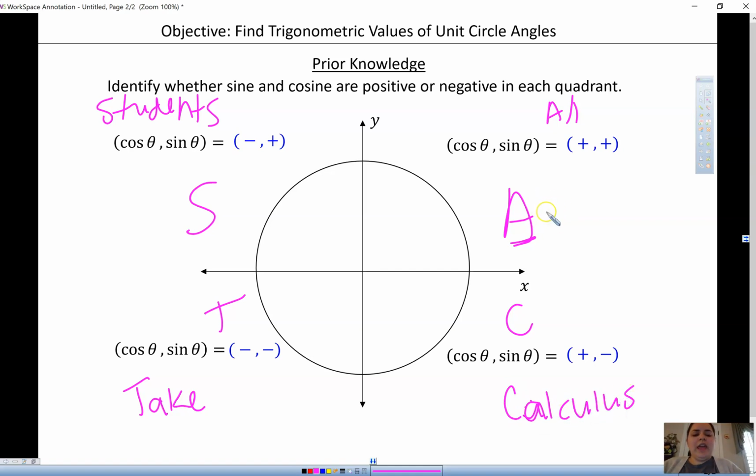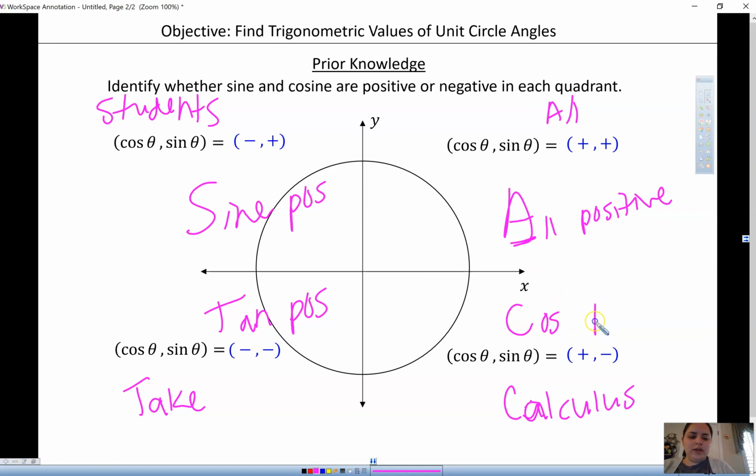Okay, so then the A tells you that they're all positive. And then the S tells you that sine is positive. And then the T tells you tangent is positive. And then the C tells you that cosine is positive. And then everything else would be negative in that quadrant.